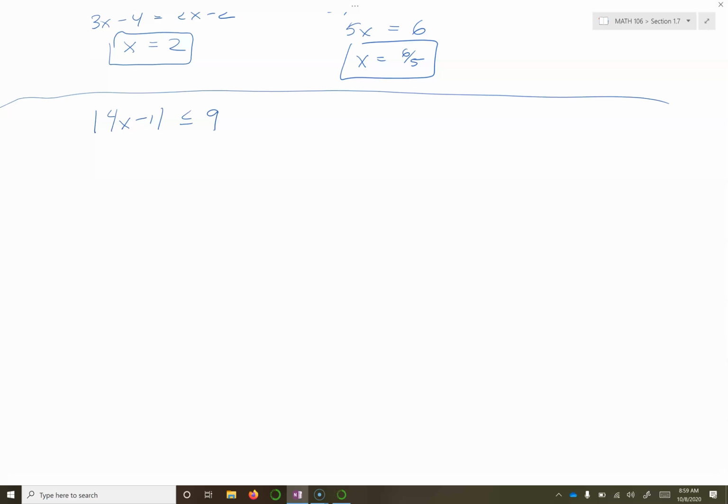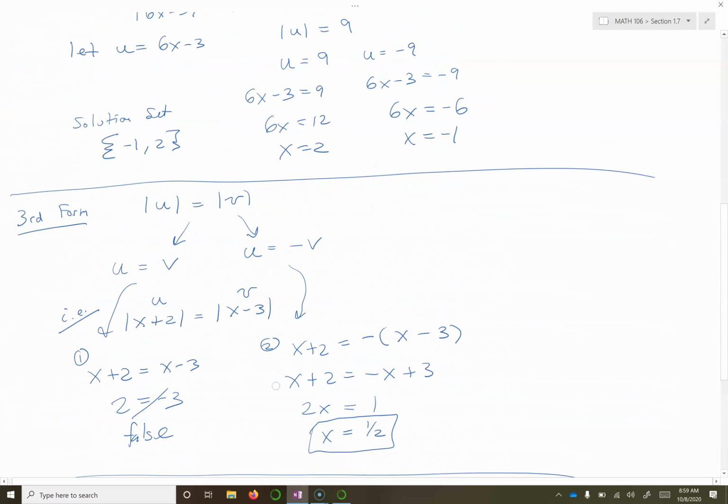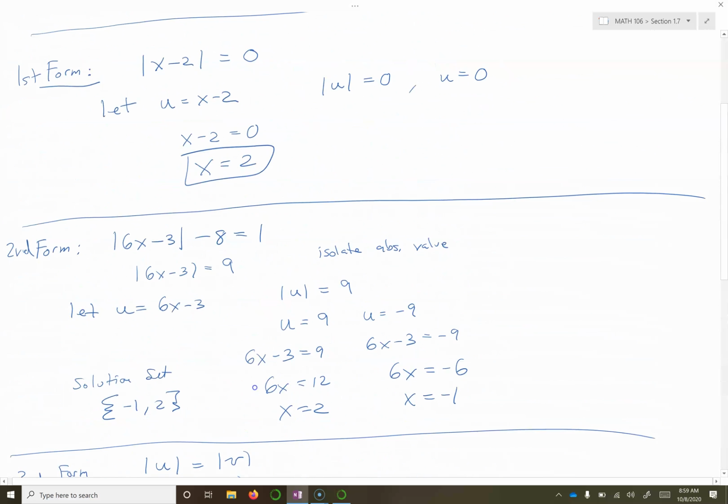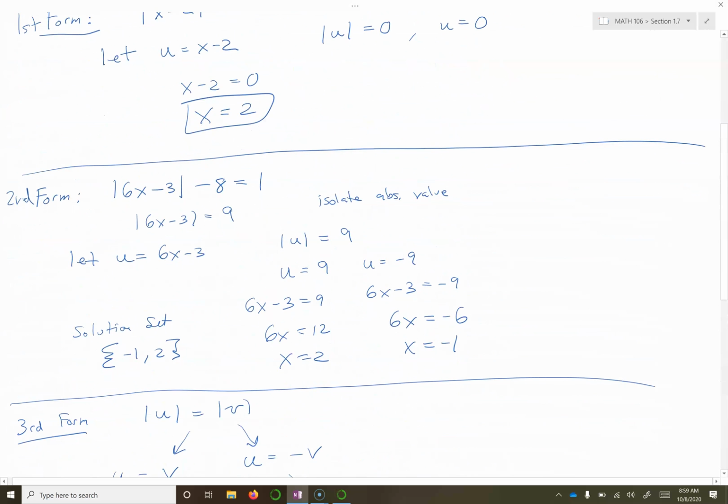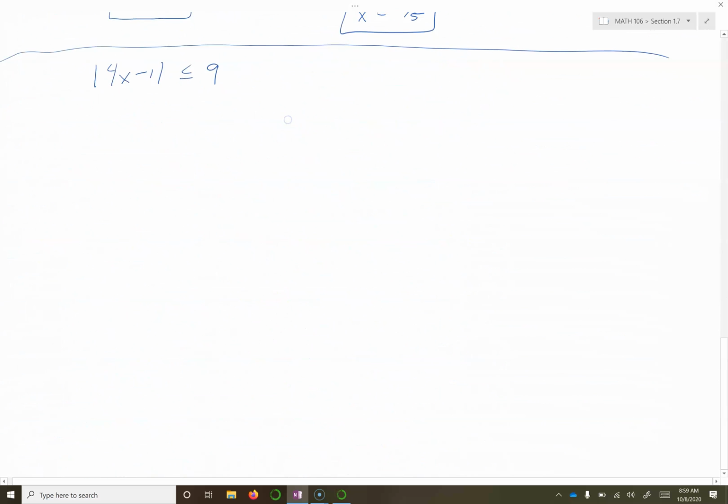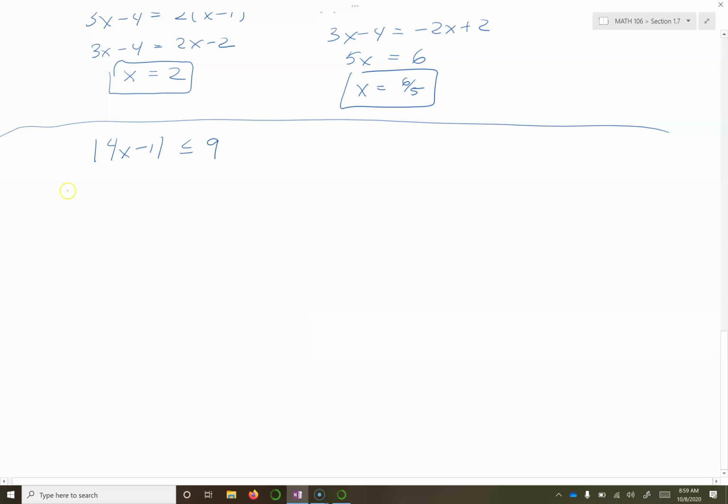So this is basically all we have to do. And again, this looks like the second form. Second form is going to come up a lot. So we have 4x minus 1 is less than or equal to 9, and then we have 4x minus 1 less than or equal to negative 9.